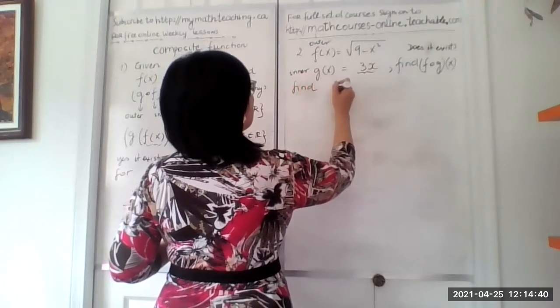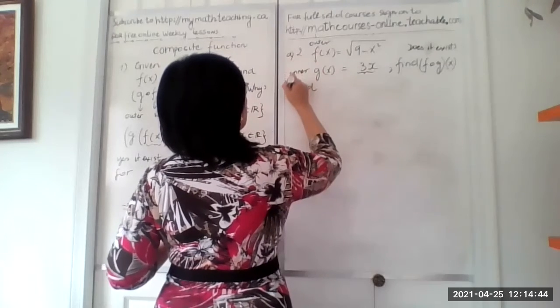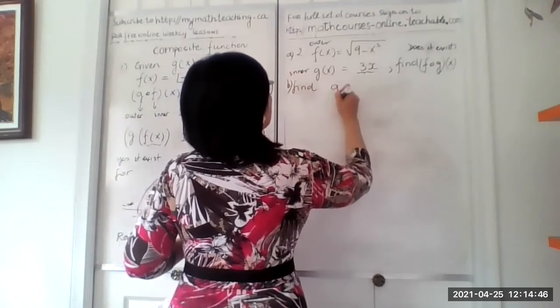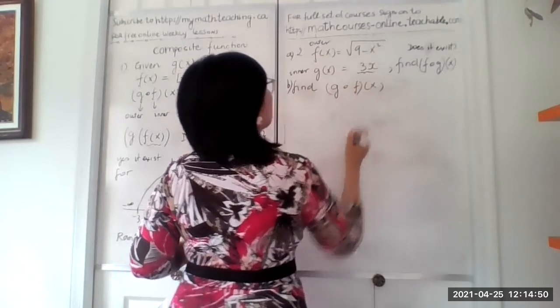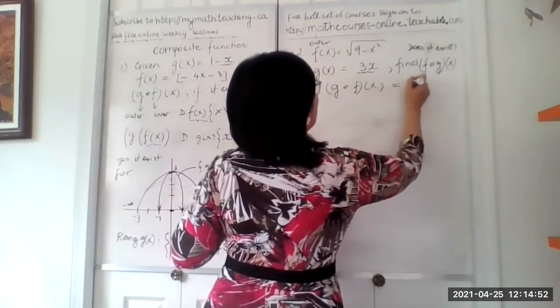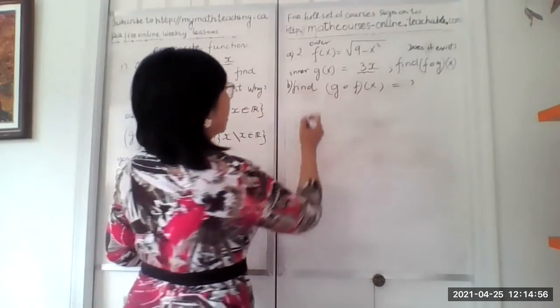Let's do our next question. So this is A, and let's say this is B. Find g of f of x. Instead of f of g of x, now we find g of f, so we can see what happened.